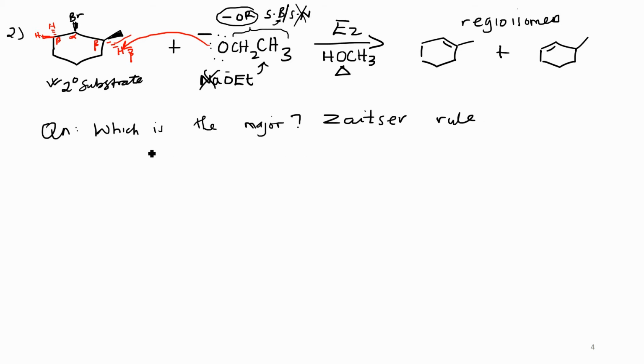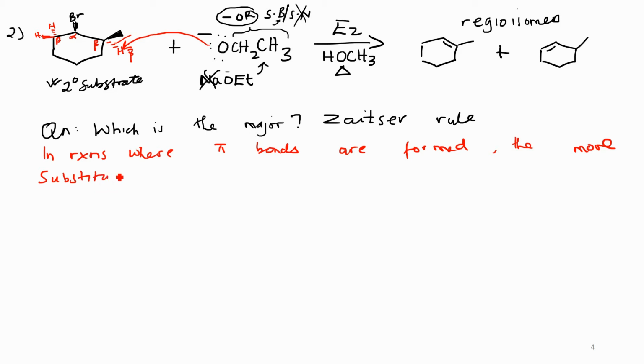Zaitsev rule states that in reactions where pi bonds are formed, the more substituted alkene product will be the major.